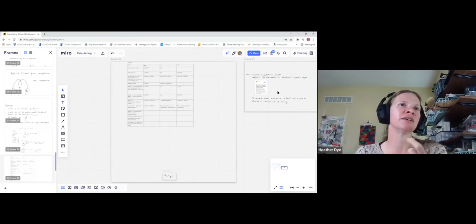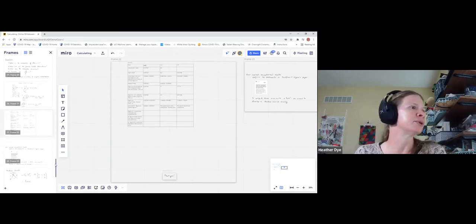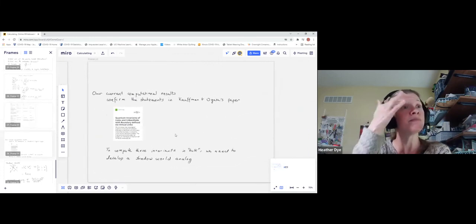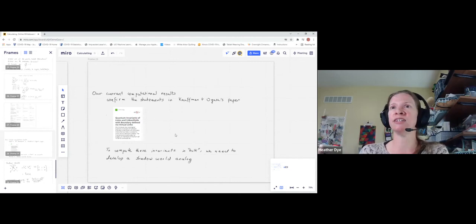And so our current computational results support the theorems in Liu and E.G.'s paper that these are actually different and differentiating the things they wanted it to differentiate.